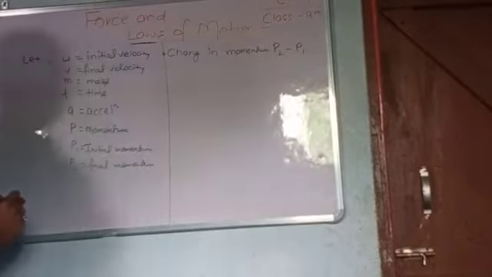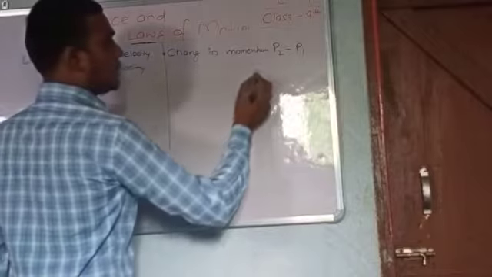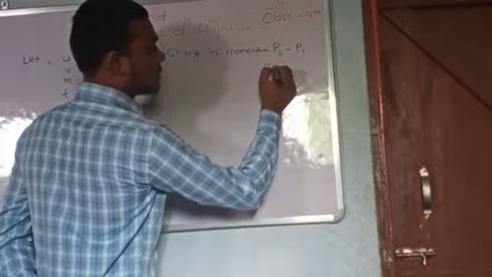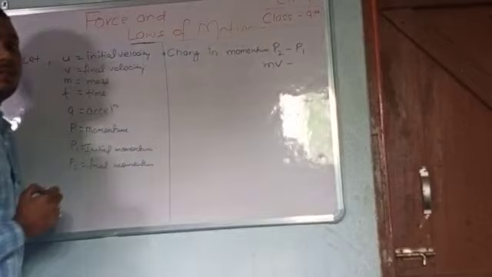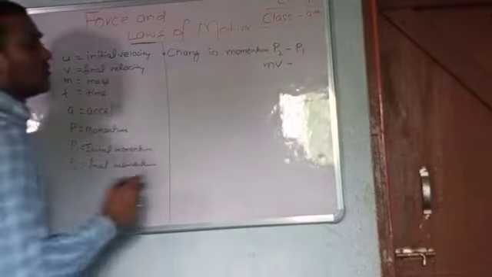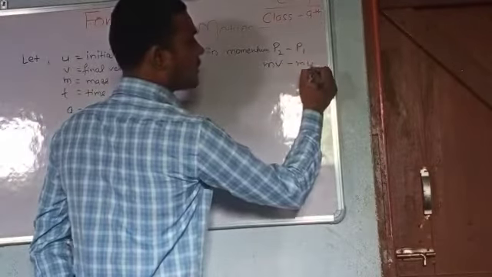Here P2 is the final momentum, which is equal to mv, and P1 is the initial momentum, which is equal to mass into initial velocity, mu.